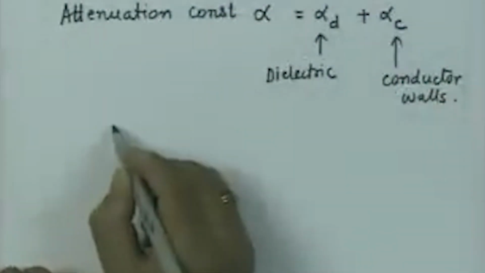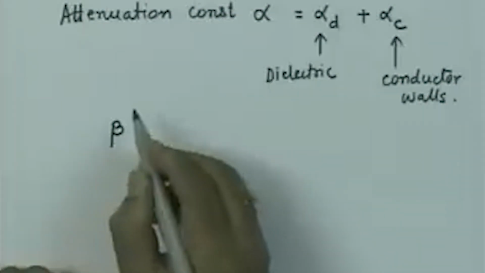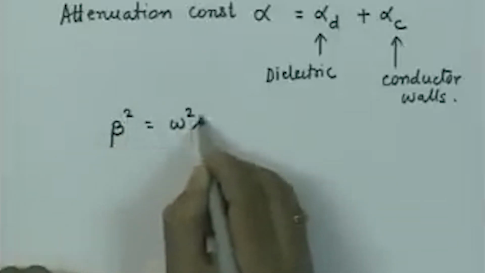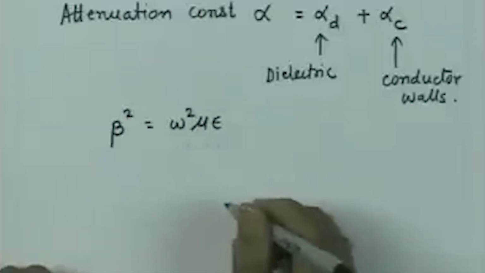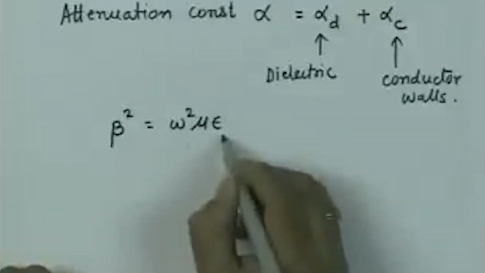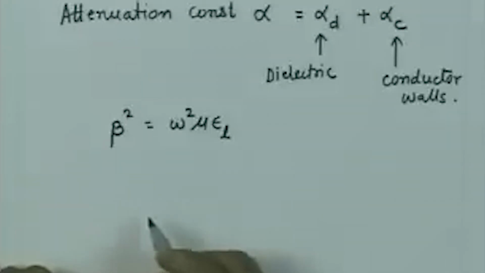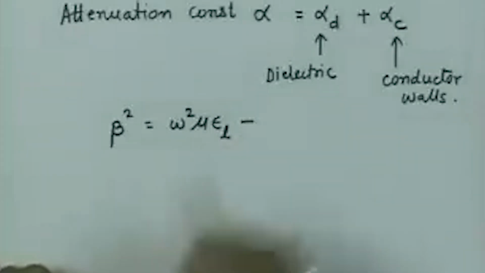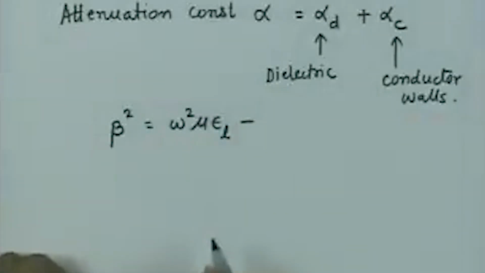So, let us say now first we calculate this quantity alpha d, and the propagation constant for the mode, beta square, is omega square mu epsilon, and in this case the epsilon is epsilon for the lossy medium, L, minus h square, and let us say we want to do this derivation only for the TE10 mode.